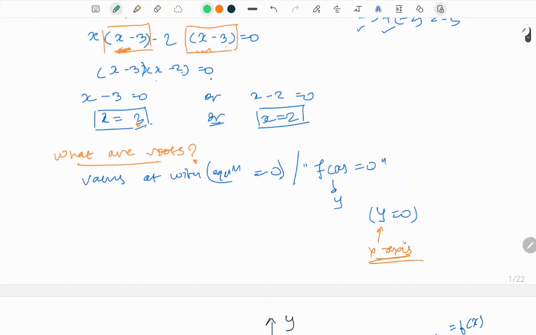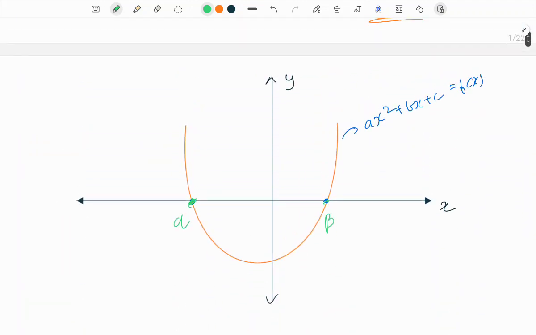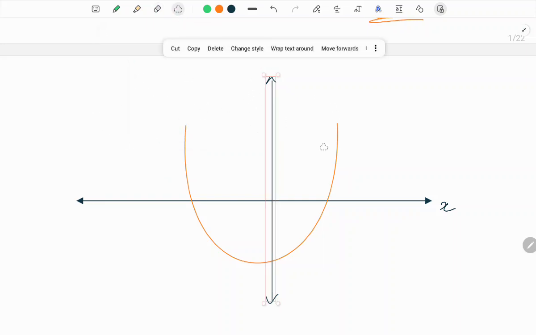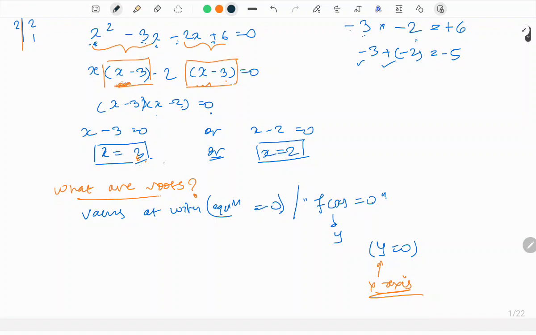So now for our equation, let us write x square minus 5x plus 6. I'll need to take my y-axis out for this, because the roots are positive.